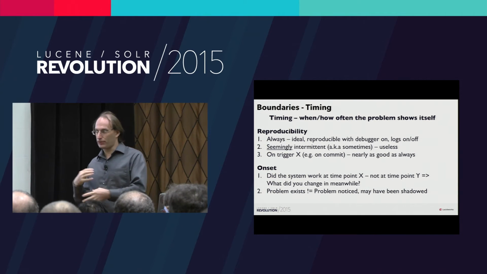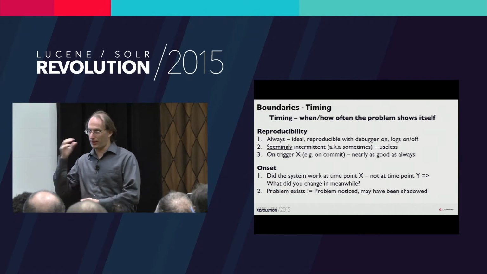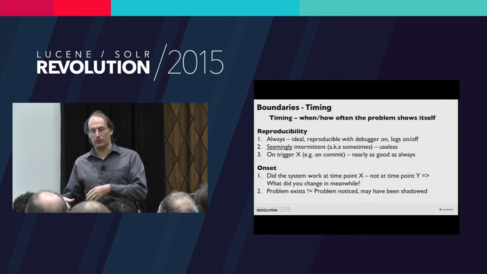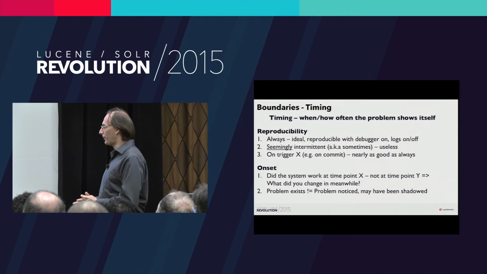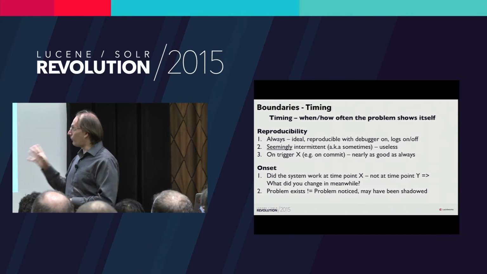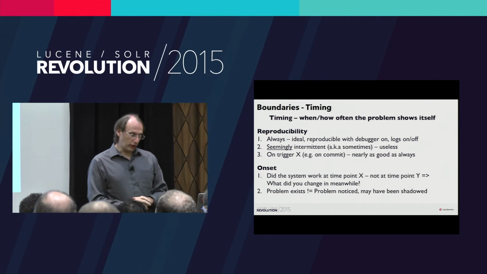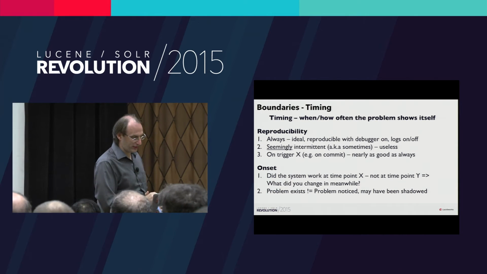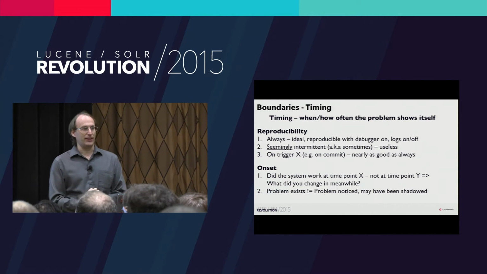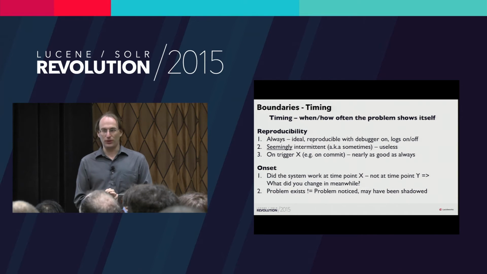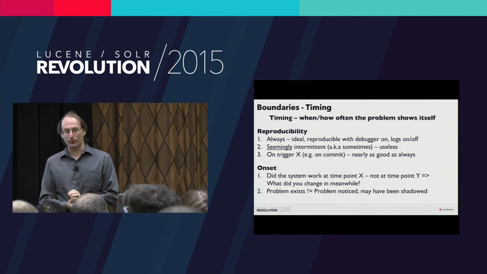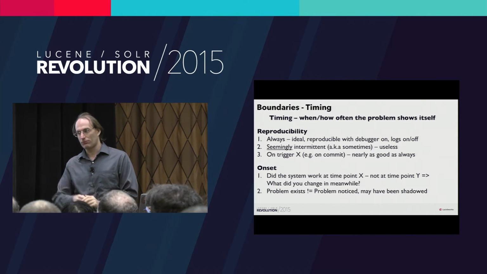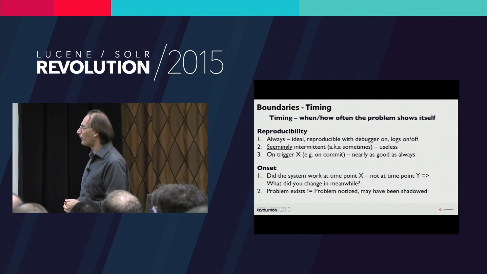It means it's harder to set up a replication case. You may need to follow the sequence to get to that point or whatever, but it's good, okay? So that's one aspect. So if you're going to a mailing list and you're saying, I've got this intermittent problem, they're not going to be able to help you all that much. You need to do at least one more round of narrowing it down.